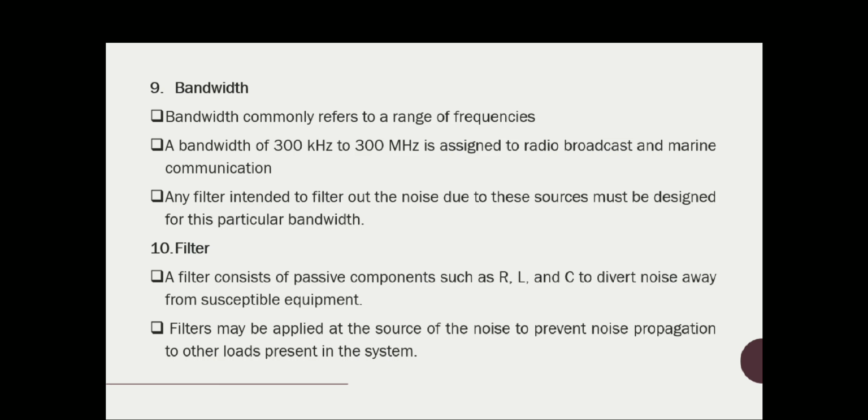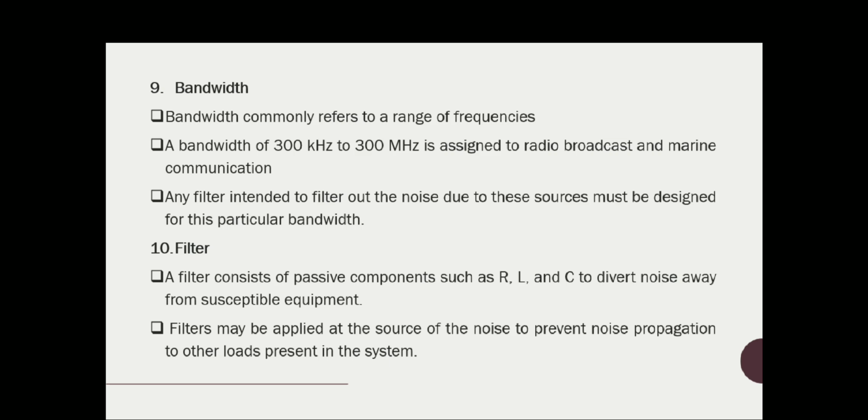Then filter. A filter consists of passive components such as R, L and C to divert noise away from the susceptible equipment. So all these things are relating to EMI only, electromagnetic interference. Filters may be applied at the source of the noise to prevent noise propagation to other loads present in the system.